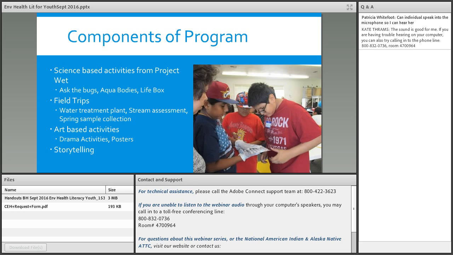And then we also had art-based activities, which included some drama-based activities where we had a Crow actor come in and talk about his career, and then run through some activities with the students to get comfortable talking in front of each other, because we felt that's an important component of our program, to help foster and help these students feel comfortable sharing this information with others.